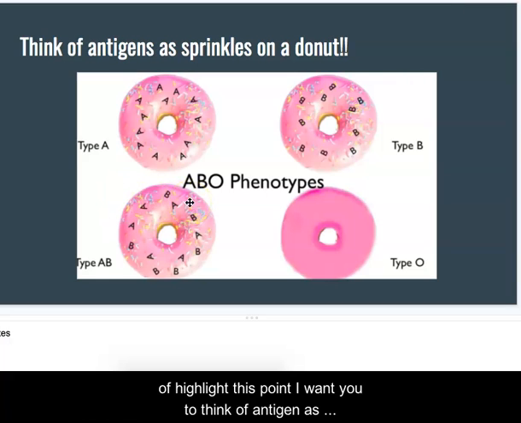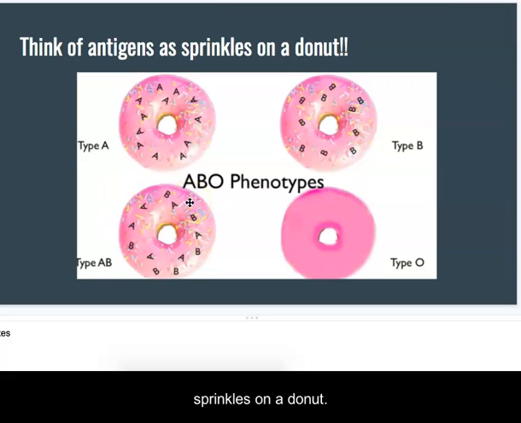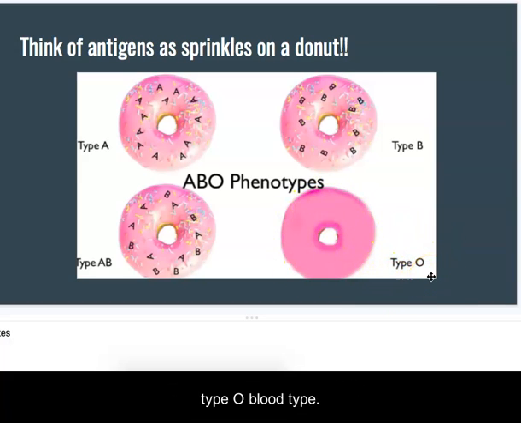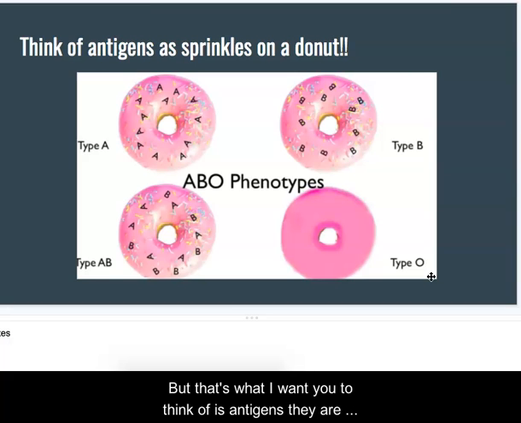I want you to think of antigens as sprinkles on a donut. You either have A sprinkles, B sprinkles, both, or none. And when you have none, that's where we fit into that type O blood type that we'll learn more about in a minute. But that's what I want you to think of as antigens.